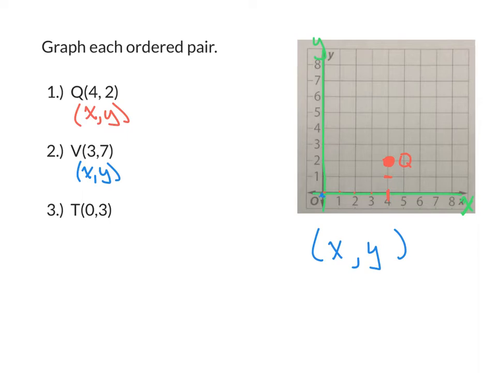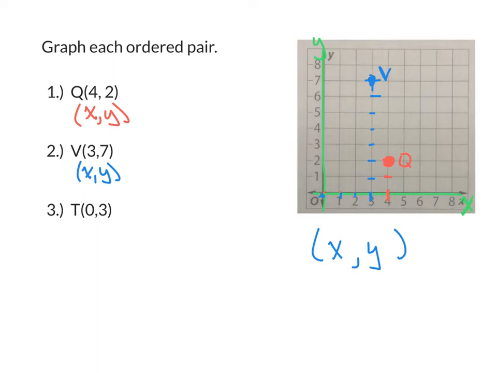So we're going to go 3 units along the x-axis, 1, 2, 3 to right here. And then we're going to go up 7 units in the y direction, 1, 2, 3, 4, 5, 6, and 7. And that's where we'll put our dot. Notice that we put that dot right where our 2 grid lines cross. Okay. Then we're going to label it as V.